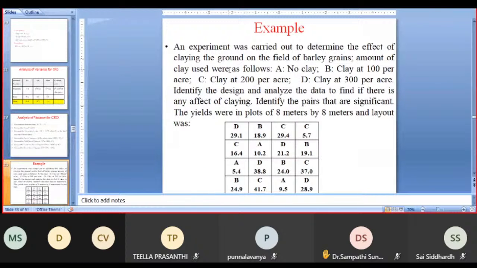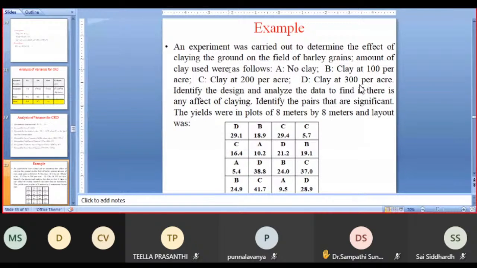Now, an experiment was carried out to determine the effect of claying. So here four treatments are taken: A, B, C, D. A stands for no clay, B stands for clay at 100 per acre, C for clay at 200 per acre, and D stands for clay at 300 per acre.